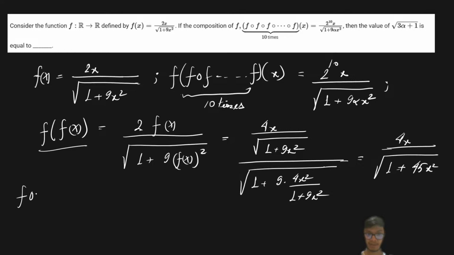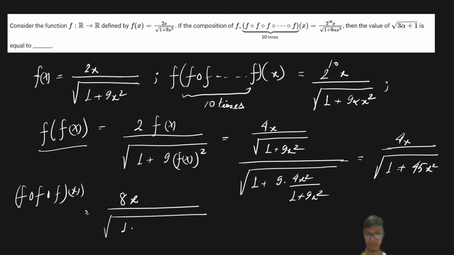Similarly, if I find the next composition, going on with the same notation, this result is going to be equal to 8x upon square root of 1 plus 21 times 9x square. What is interesting to note over here is that it is 21 times 9x square, right?